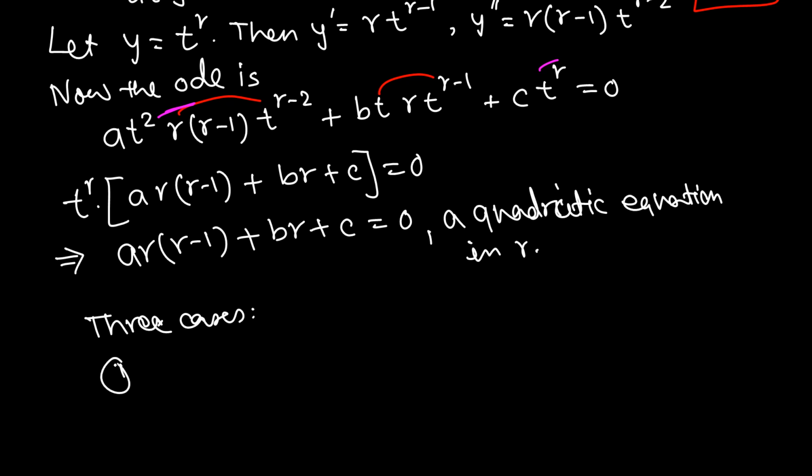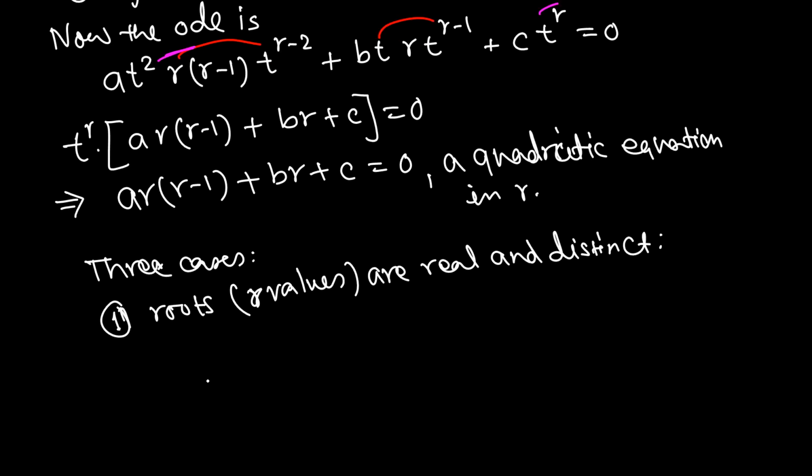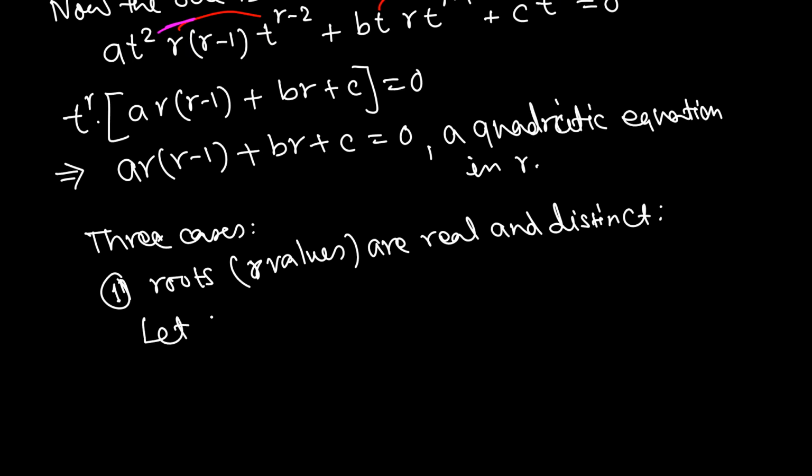Case 1: the roots, meaning r values, are real and distinct. So in this case there will be two r values, r1 and r2.